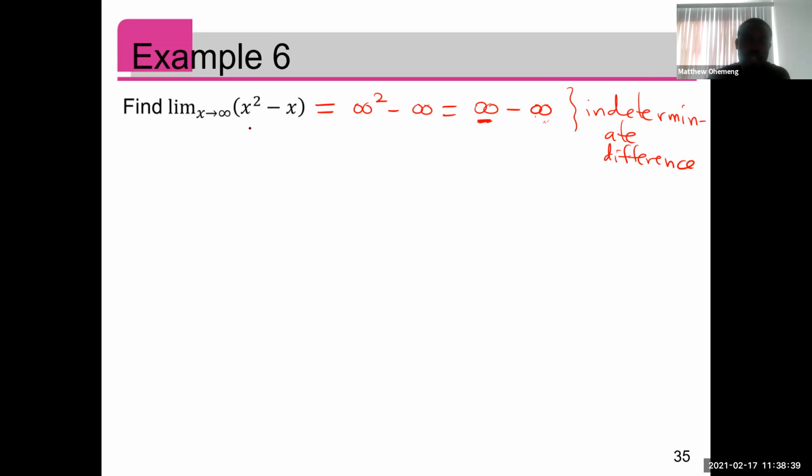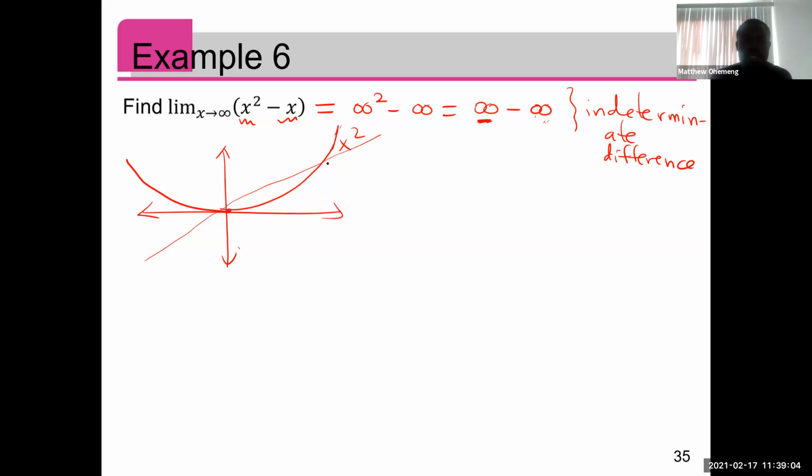So one approach is you can just look at the functions involved, and if you have knowledge of how fast they are increasing, then you can tell what the answer is, right? So for x squared, a quick sketch shows you that x squared is like so. What about, say, y equal to x, right? Now you're interested in the tip, right? So maybe y equal to x will be something like so.